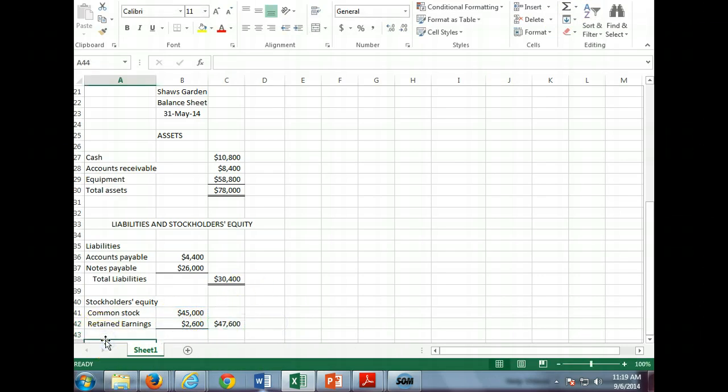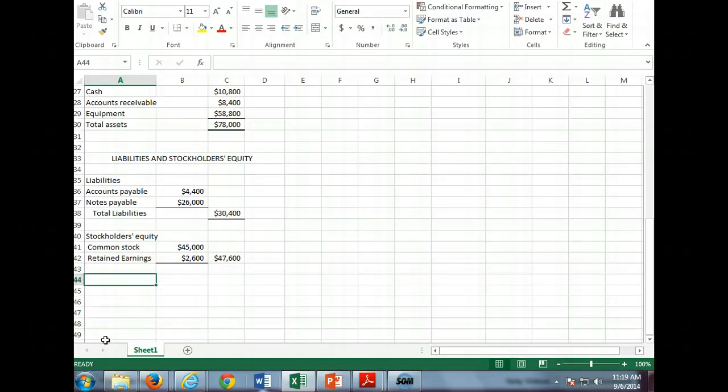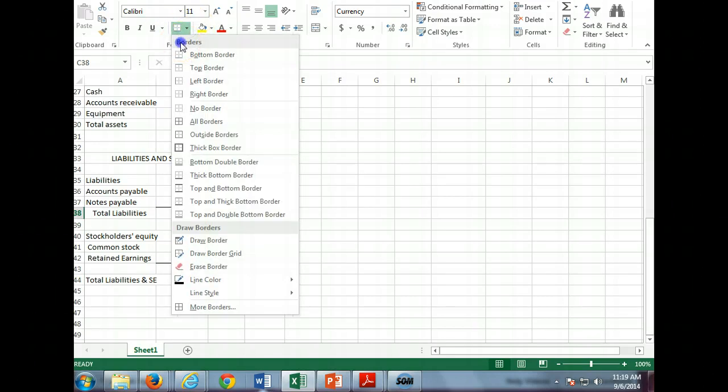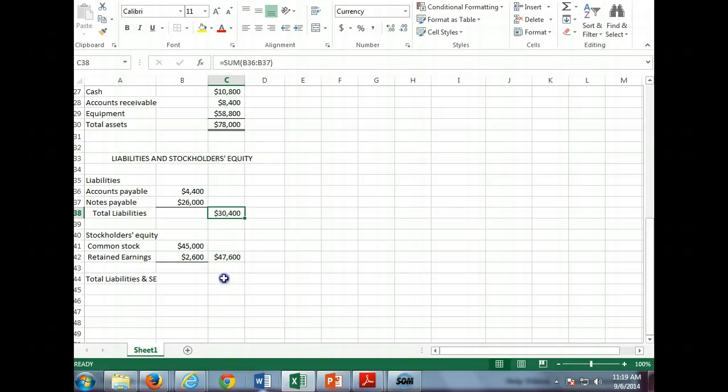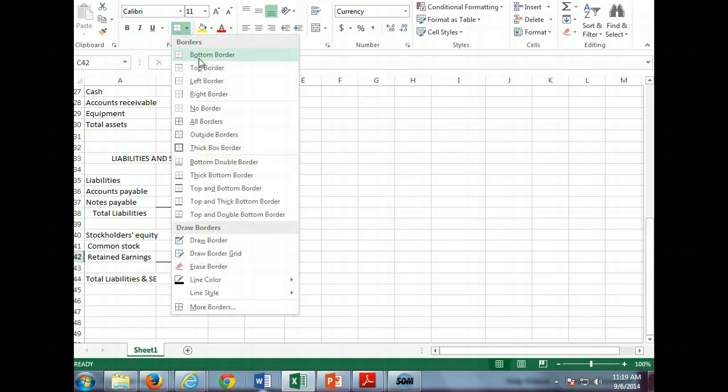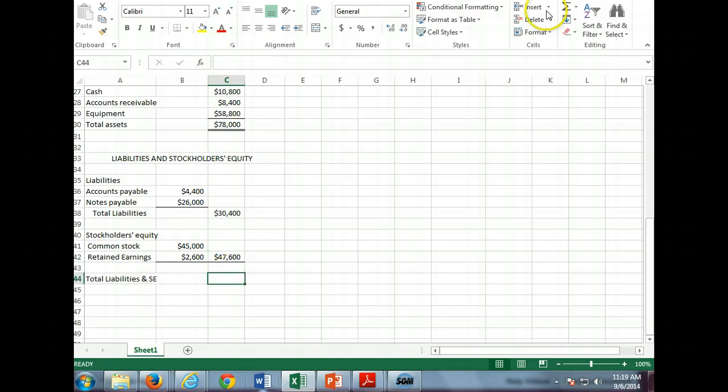So our total liabilities and stockholders' equity is what? Those two added together, to make sure it adds up. Our total here would be, better be 78,000 or we're in trouble. 78,000. That makes sense?